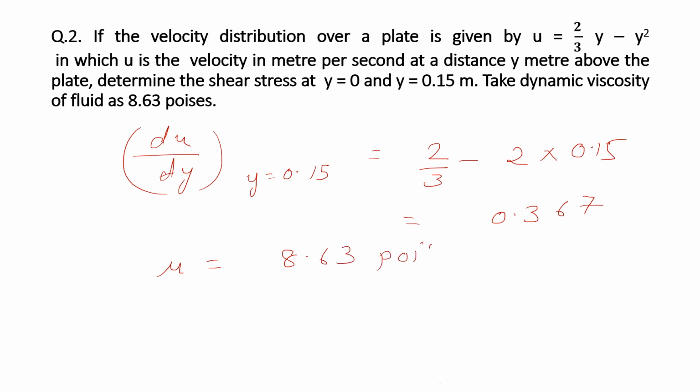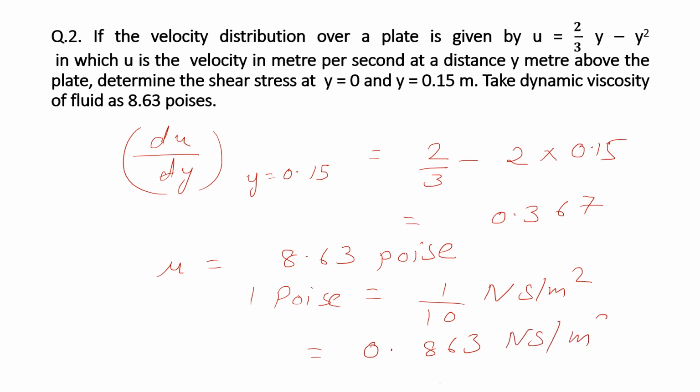So we will convert poise to Newton second per meter square, that is in SI unit. So 1 poise is equal to 1 by 10 Newton second per meter square. So our value will be 0.863 Newton second per meter square.